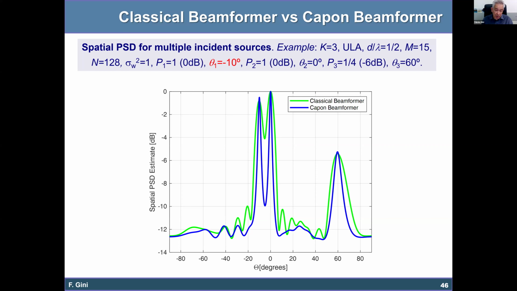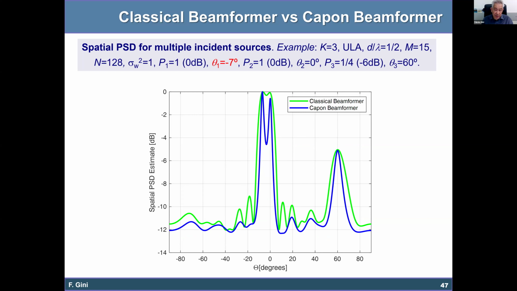Instead, the two peaks of the Capon beamformer are still very well defined. If the distance gets even smaller, for example 7 degrees, the classical beamformer is no longer able to separate the sources. So the classical beamformer does not resolve the two close sources.